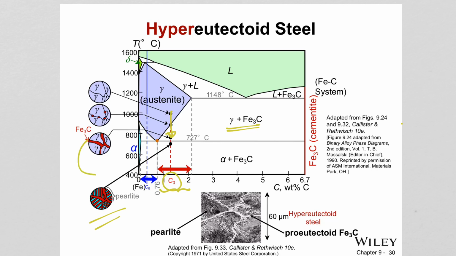This cementite stays, this gamma forms the pearlite structure, which has alpha plus cementite. And how does it look? These are cementites under the microscope, and then you see the lamellar layer by layer structure we call pearlite.